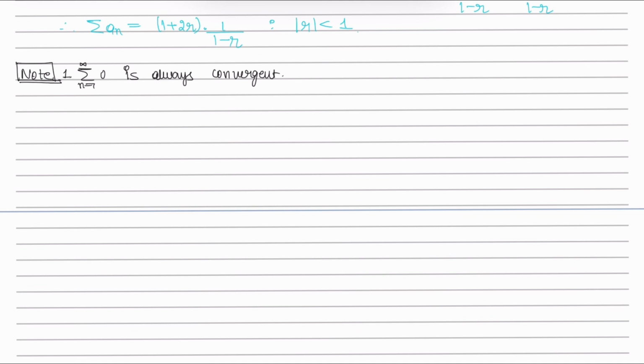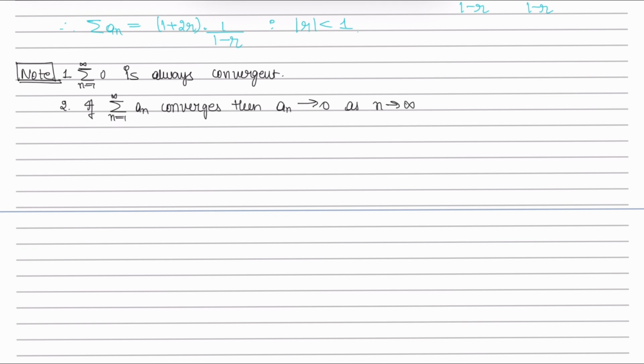This was the first note, and the second note says if the summation n running from 1 to infinity an converges, then an tends to 0 as n tends to infinity.